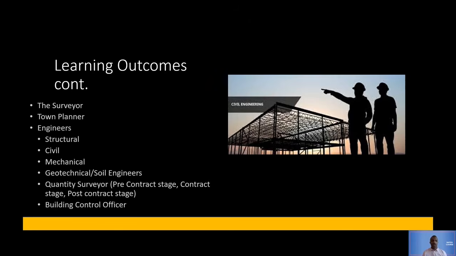There are structural engineers, geotechnical engineers, and various other types like marine engineers. Under civil, there are also agricultural engineers. So we'll get to talk about the ones that are involved in the construction of a building per se.